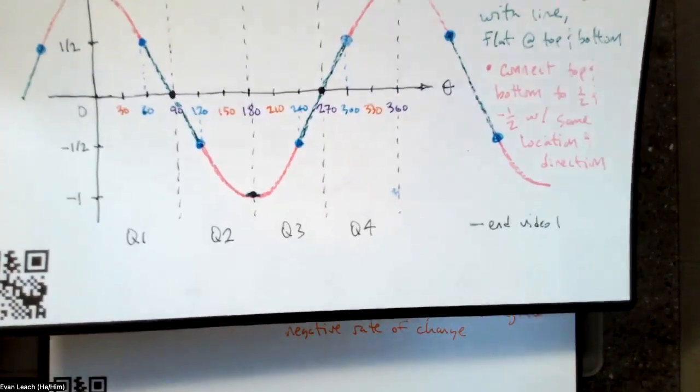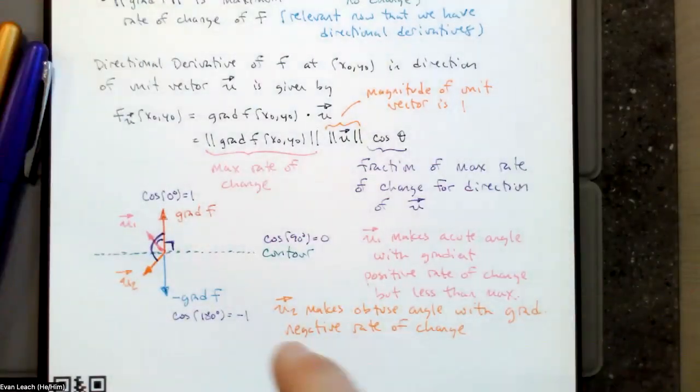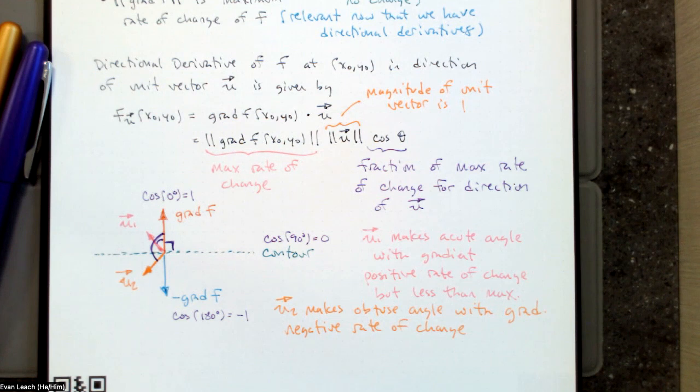We're taking the maximum rate of change of our function. Cosine of an acute angle is a positive fraction of that. Cosine of an obtuse angle will be a negative fraction of that. Any questions? How's everybody okay?